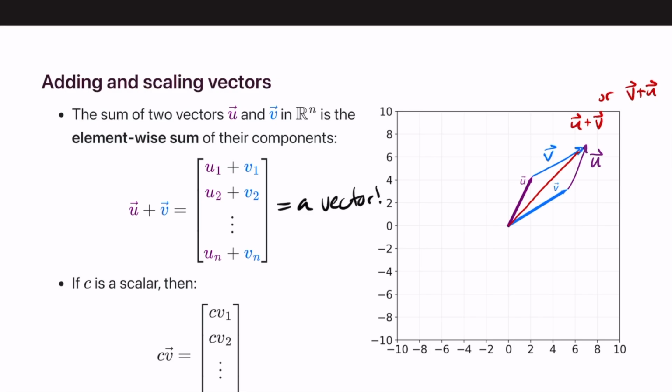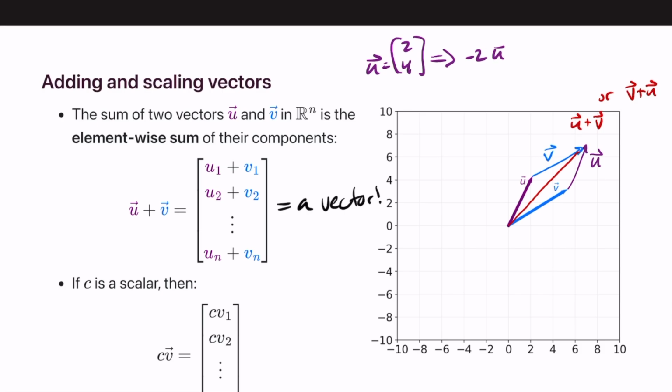If we were to multiply a vector by a scalar, so in this case c is a scalar, let's say for example we multiplied u. So here we have vector u equal to 1, 2, so 2u would be 2, 4. Let's say that we multiplied it by -2.